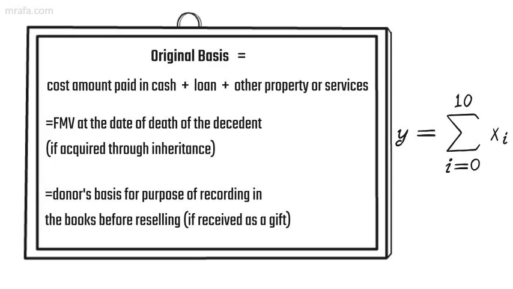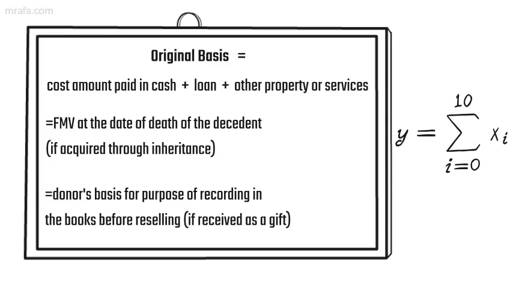And the fair market value of the property is at the date of the death of the person who gave you the property for inheritance. But if you receive it as a gift, then all you need is to get the basis of the donor, the one who gave you the gift, on how much he recorded it in his books.